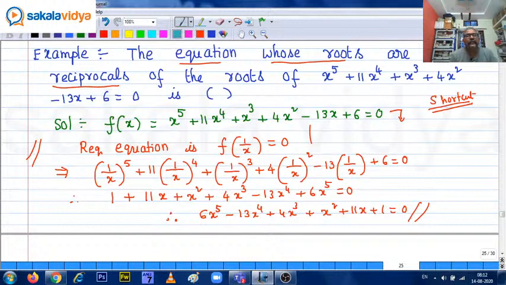Simply 6x to the power of 5 is there, then minus 13x to the power of 4 plus 4x cube plus x square plus 11x plus 1 equals 0. So directly we can write.